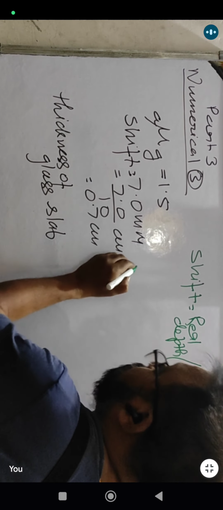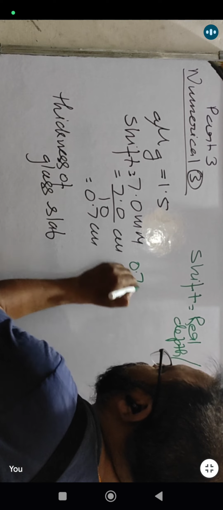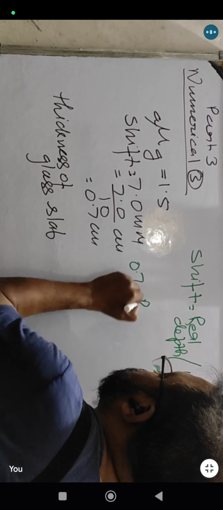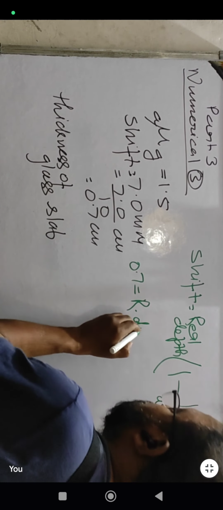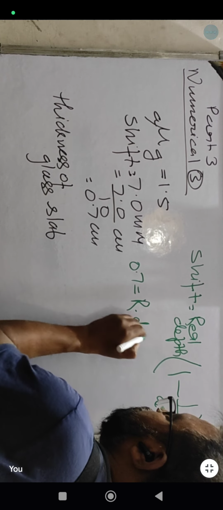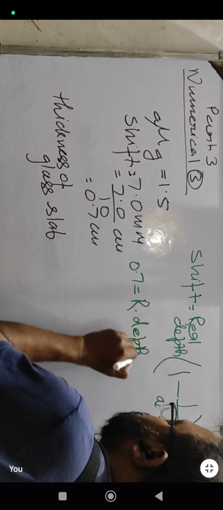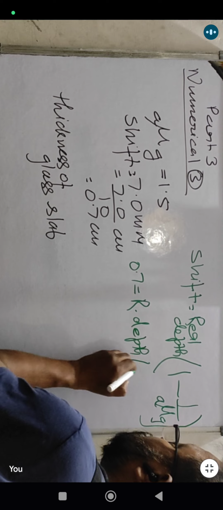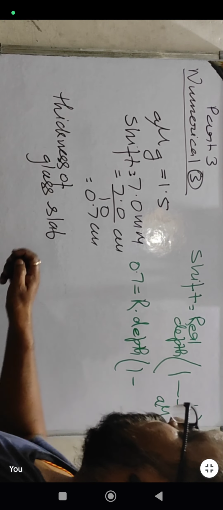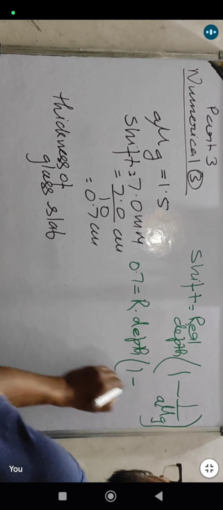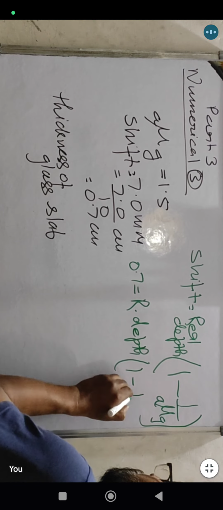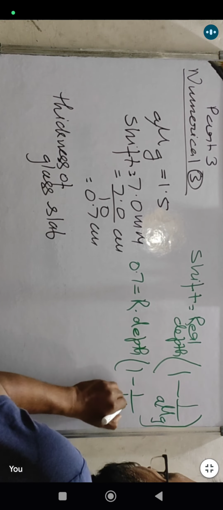So this is 0.7, and that is real depth upon 1 minus 1 upon 1.5.